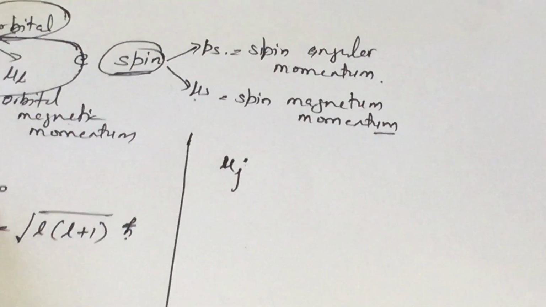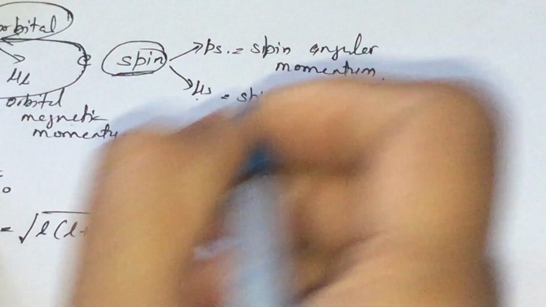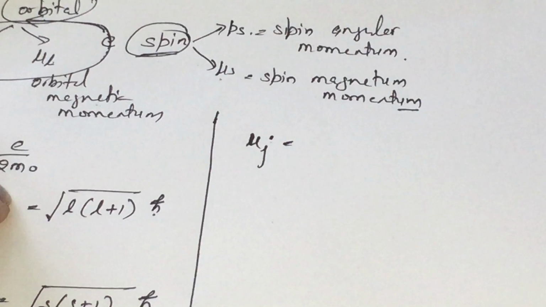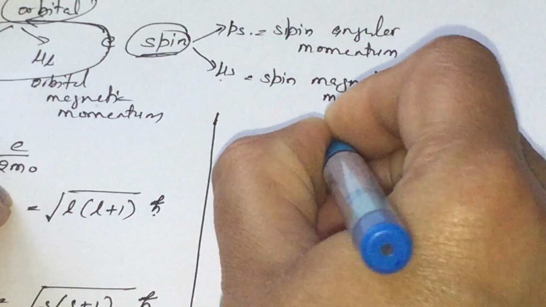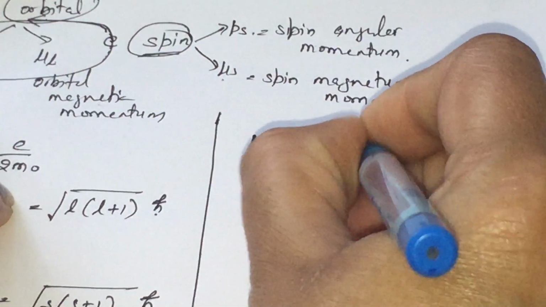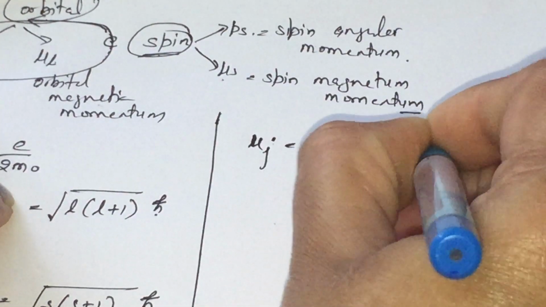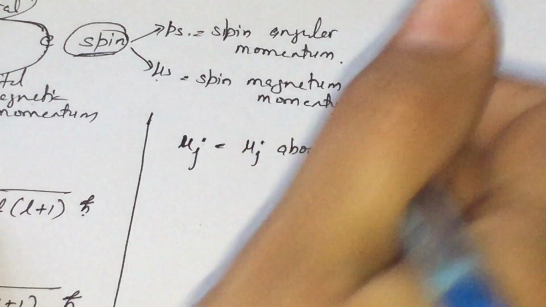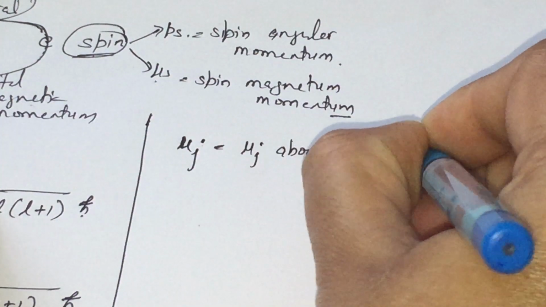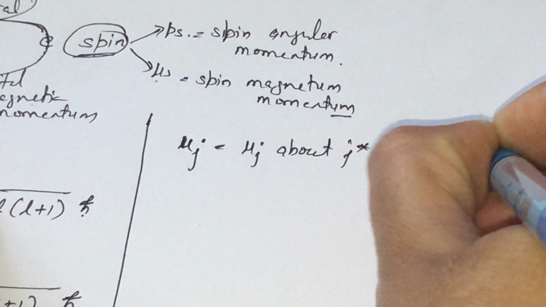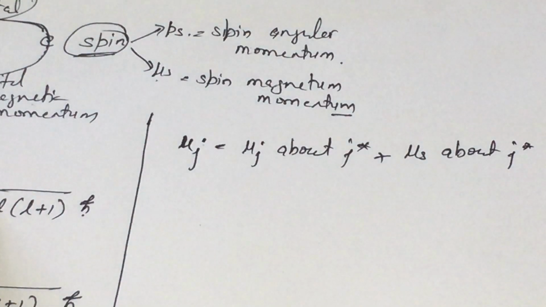Hence mu_J is given as the component of mu_L about J star, and similarly the component of mu_S about J star.